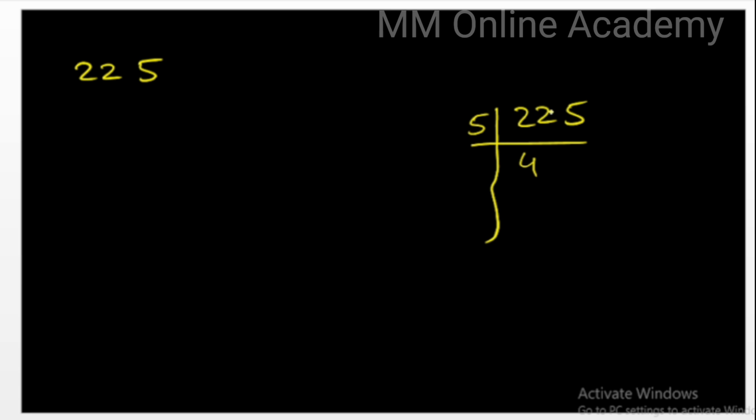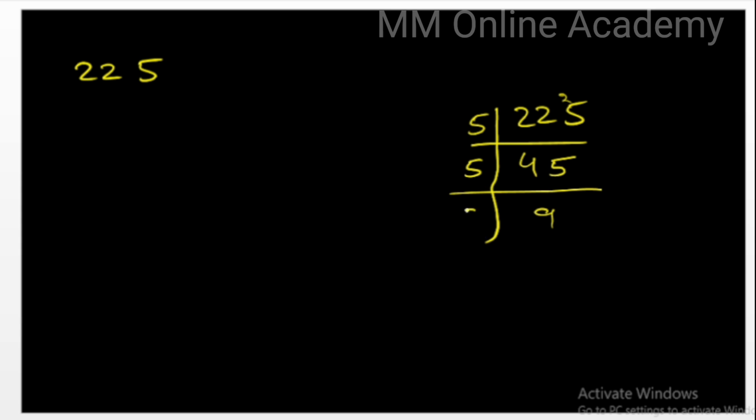From this one we can carry 2 and this will make 25. 5 5s are 25. Again we can divide by 5. 5 9s are 45. Means the factors of 45 are 9 and 5.